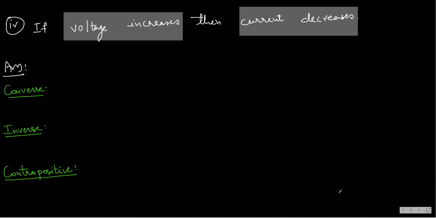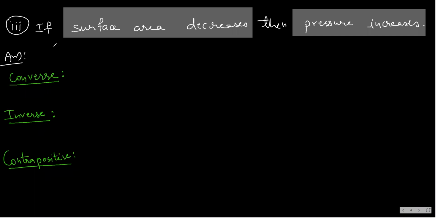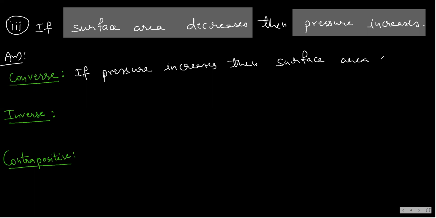Let's have one more question here, number 3, and it is, if surface area decreases, then pressure increases. The converse of this will be, if pressure increases, then surface area decreases.